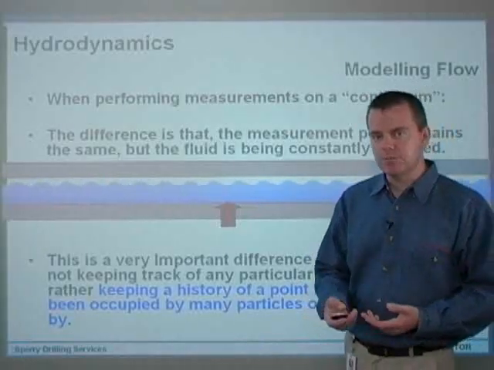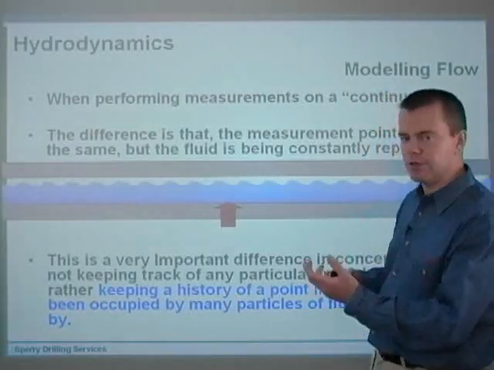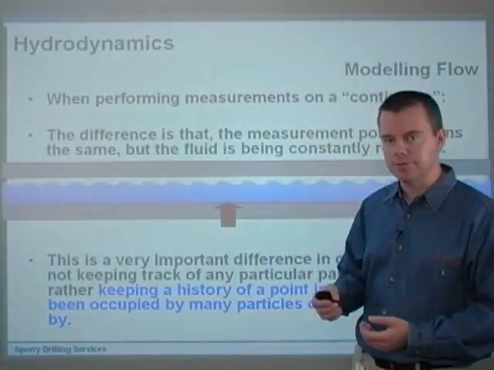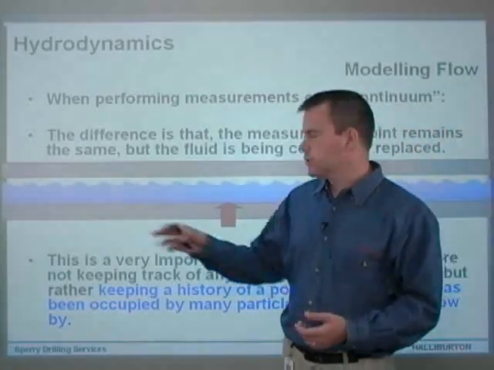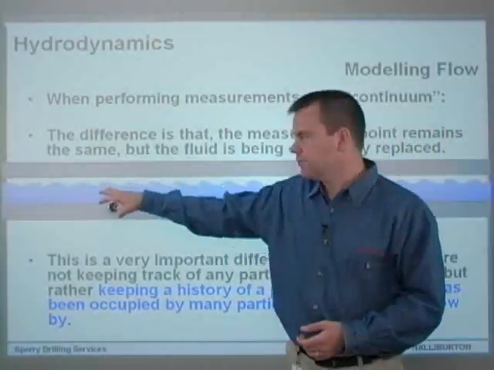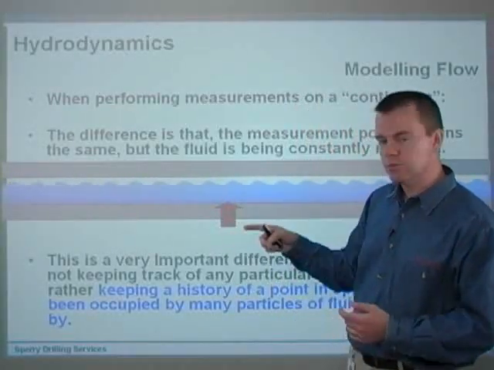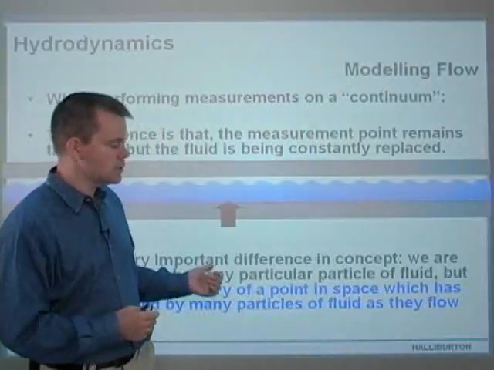Now, when we're performing measurements on a continuum, the difference between measurements on a solid body and measurements on a continuum like a fluid is that the measurement point remains the same, but the fluid's constantly being replaced. So as you can see, you've got a fluid coming along here, and we're performing a measurement at this point. So what we're really doing is tracking the history of a point in space.